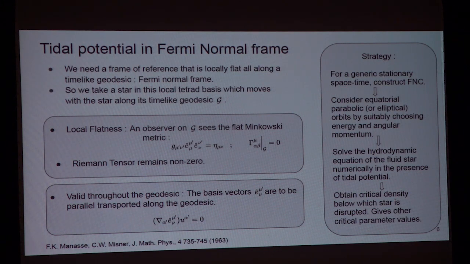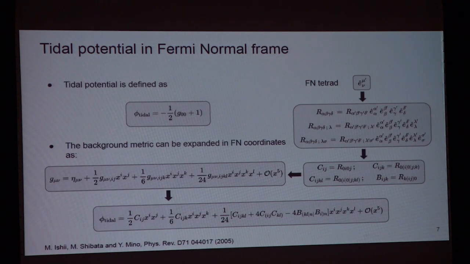But I must warn you that this is an equilibrium situation. So essentially what you do is first you compute the tidal potential. How do you compute the tidal potential?